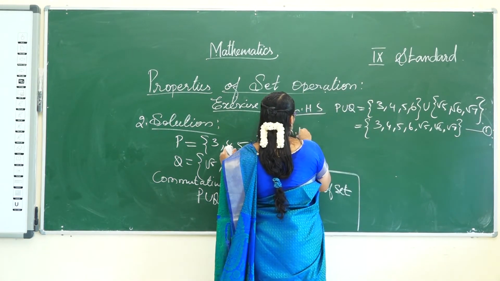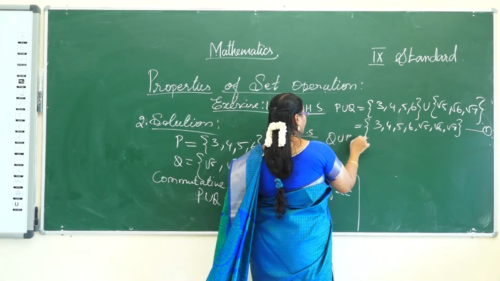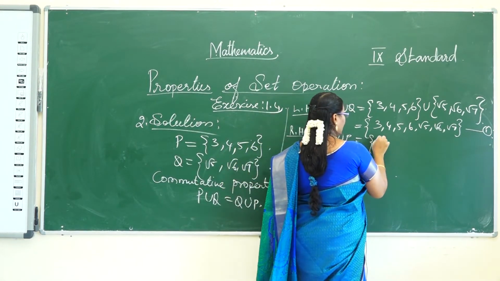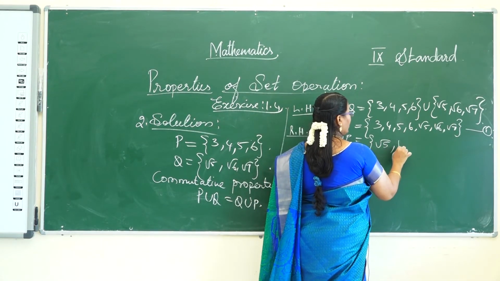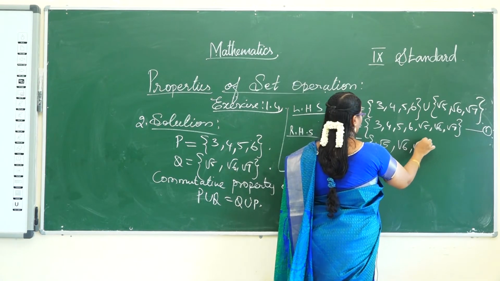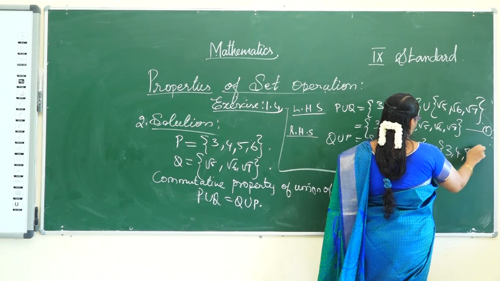And right hand side: Q union P. So write the elements in the set Q: root 5, root 6, root 7, union P values 3, 4, 5, 6.